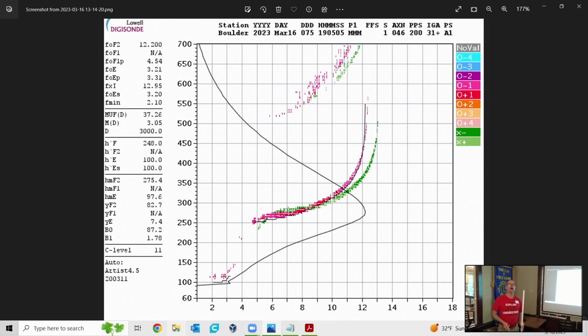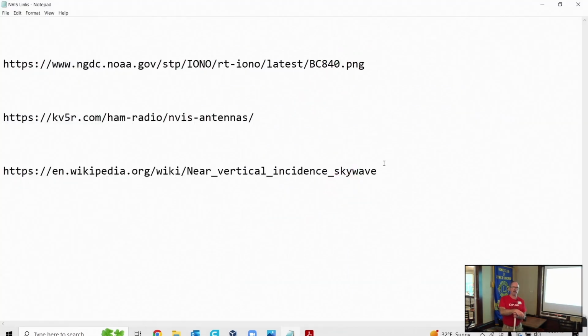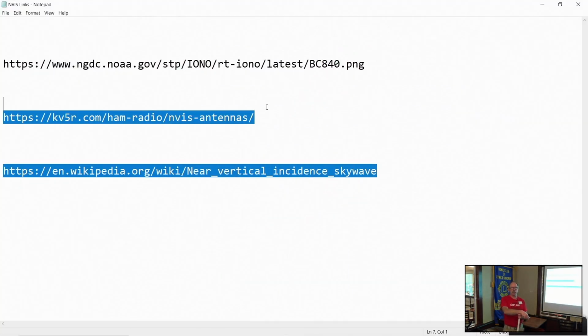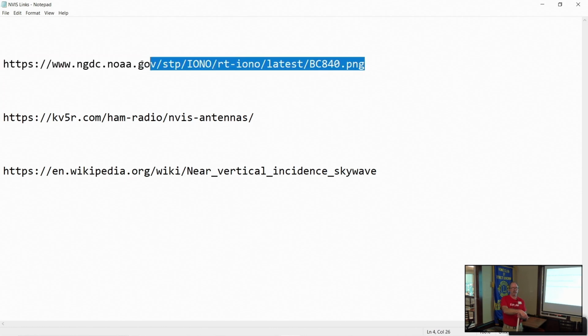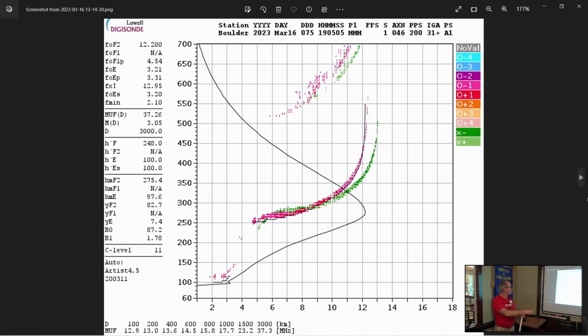Mike: What effect does the solar cycle have on this? Good question. What effect does the solar cycle have on this? Everything. Around December, January, there were times I woke up before sunrise and looked at this and it was blank. There was nothing there.